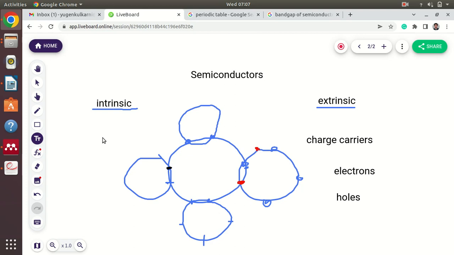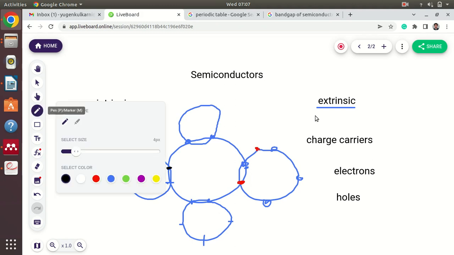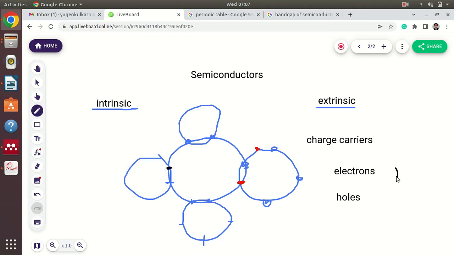Why are n type and p type the names? If we add an electron rich element, it gives us negative charge, so n stands for negative. And when holes are more, that means electrons are less, so we have some kind of positive charge, and therefore we call it p.